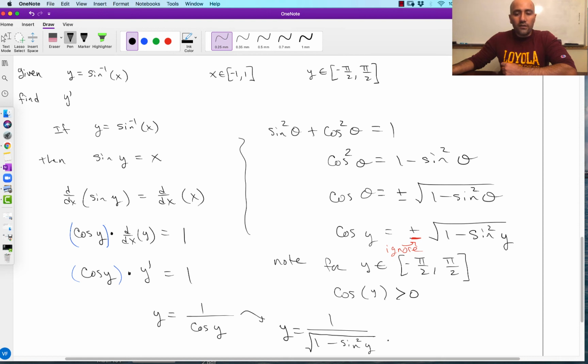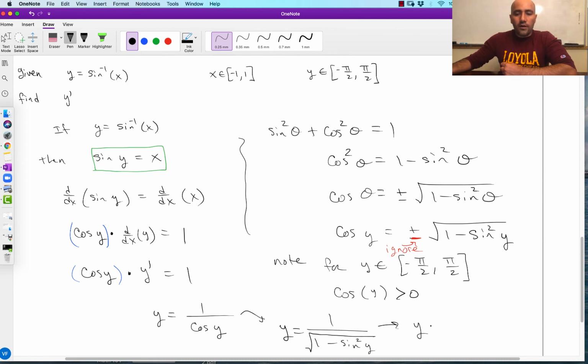And we're almost done. Finally, I noticed that way up here, sine of y equals x, and this is sine of y squared, so I can replace the sine of y with an x. And that is our final form for this.